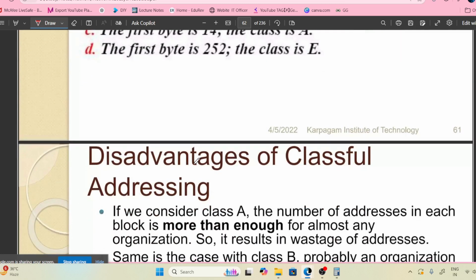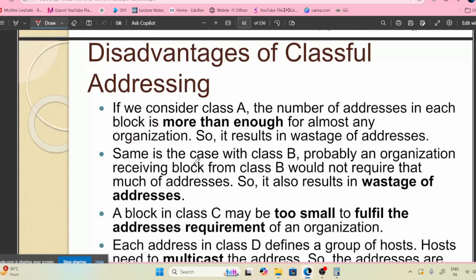Okay, moving ahead. Now we have some disadvantages of classful addressing. When we consider class A, the number of addresses in each block is more than enough for almost any organization, so there is wastage of addresses. In class A there is a lot of wastage.